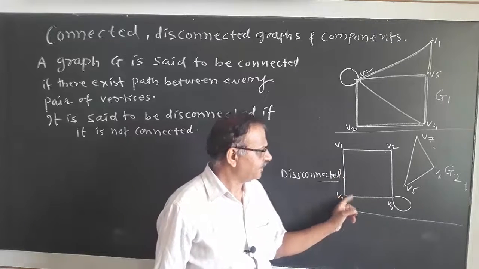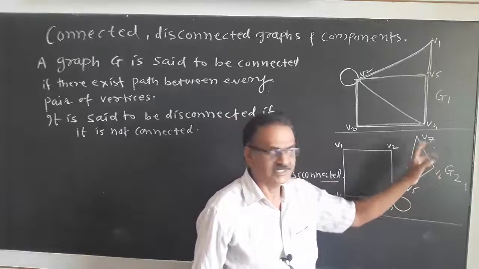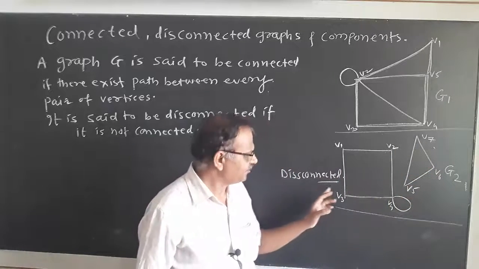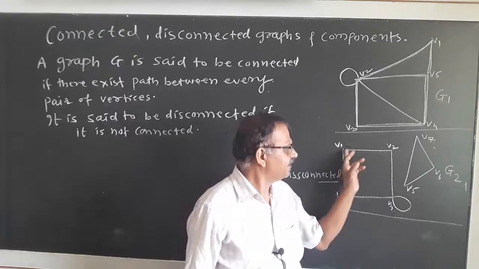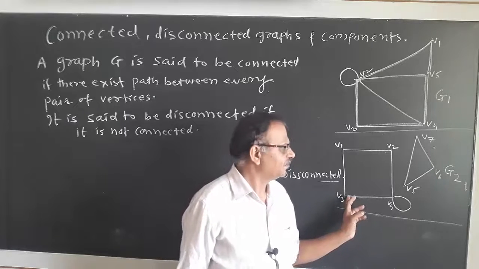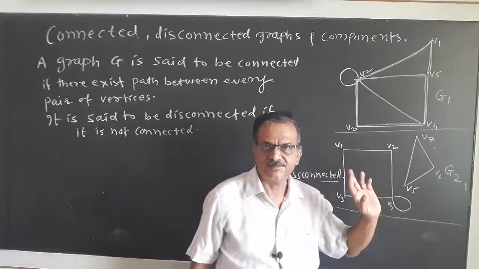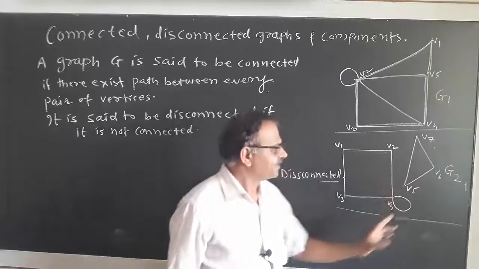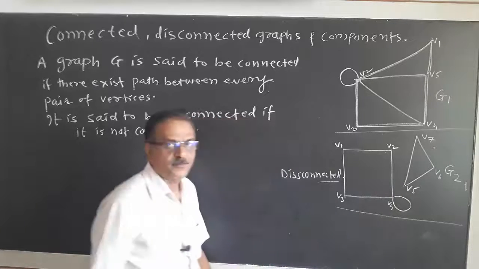But we cannot travel to V5, V6, V7. That means if you start any vertex from this first part of the graph, we cannot travel to second part of the graph. Such parts are called as components.